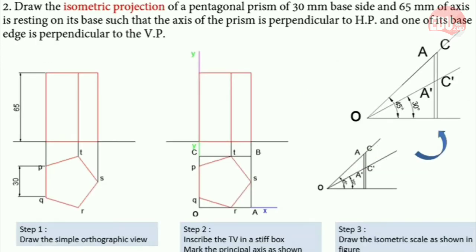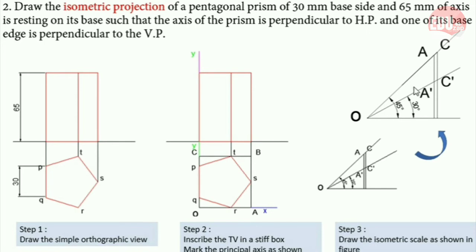For drawing the isometric projection, the procedures are almost the same, except one thing. Whatever dimension you are copying from this figure, you should first plot that onto this line. And from that point just drop a perpendicular, then you will get the isometric length of the polygon.